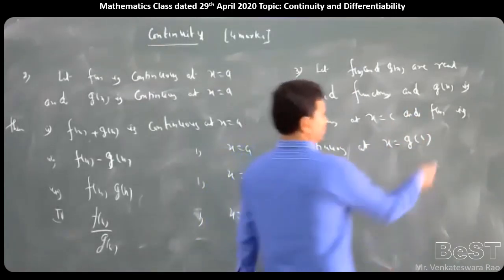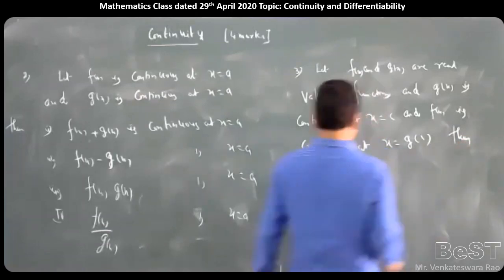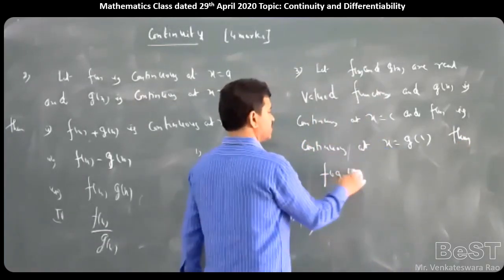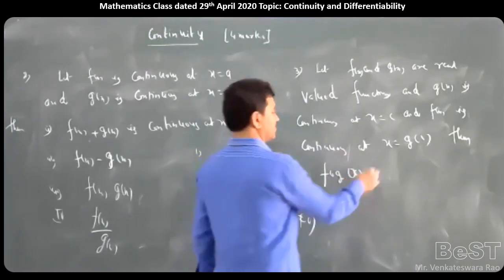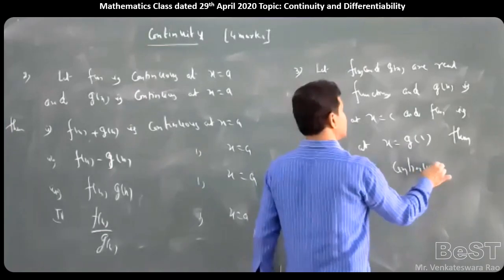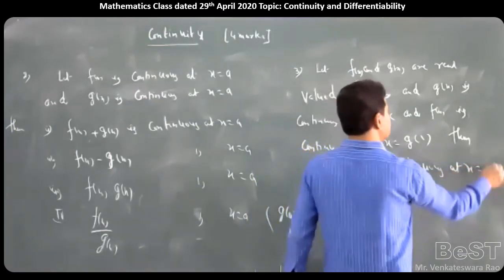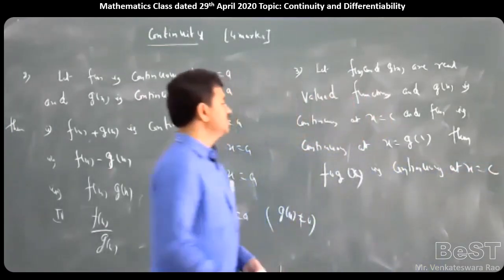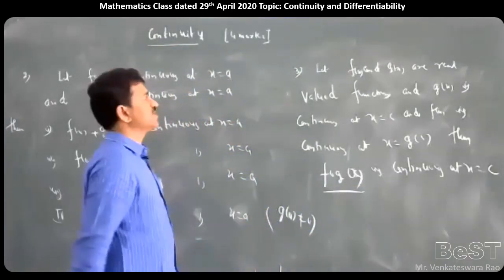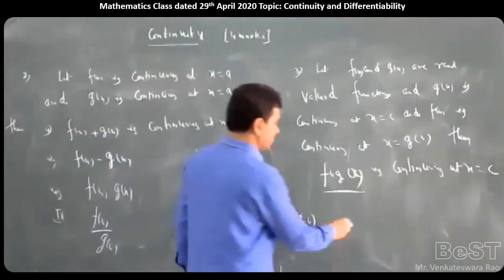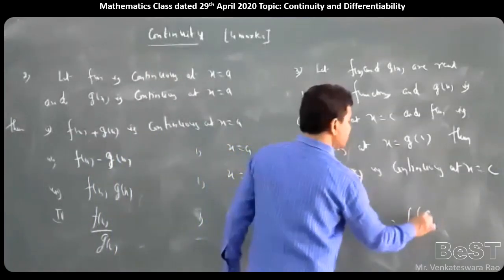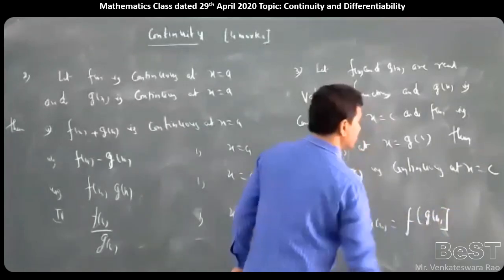Then f circle g of x is continuous at x is equal to c. This is a composite function. F circle g of x means f of g of x. Note on that one.